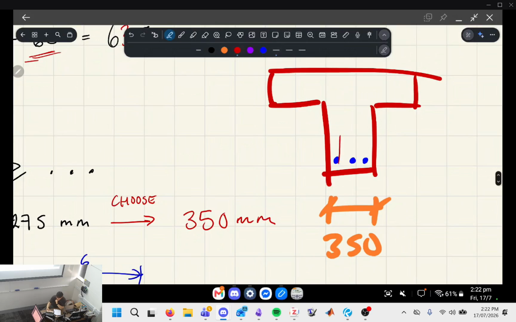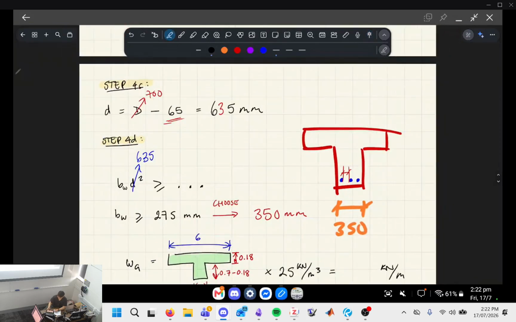Think about how much space we actually have in between the bars. When your steel gets too congested, there could be problems when pouring on site, with rocks or aggregate from the concrete mix getting stuck between the bars. So the reason this has to be 350 is there needs to be enough space between the bars to have your concrete poured correctly.